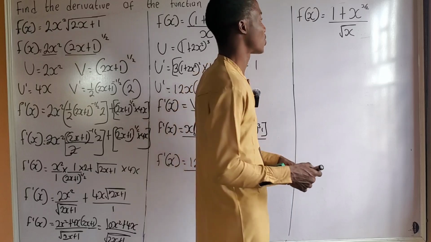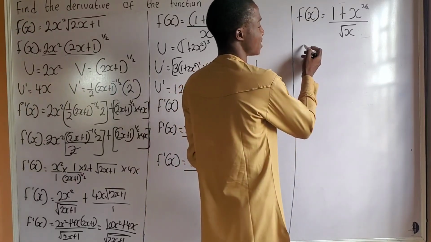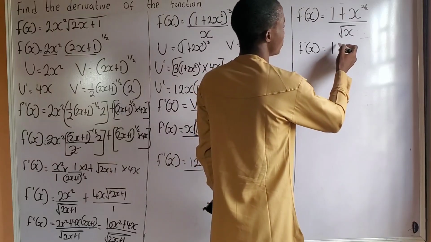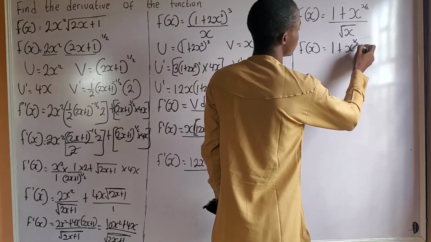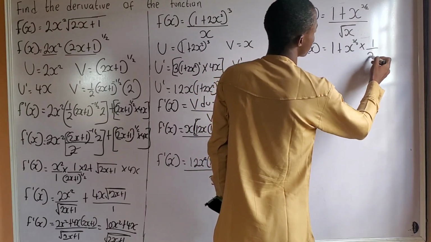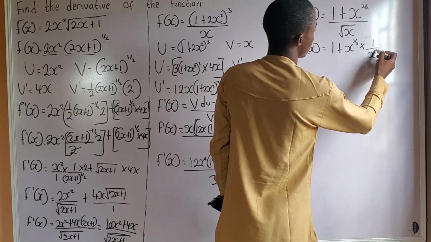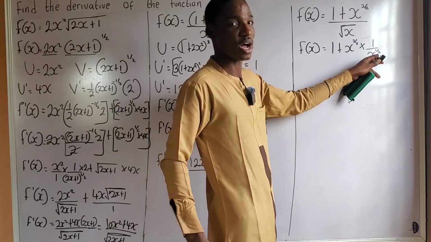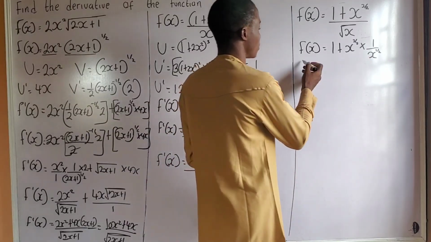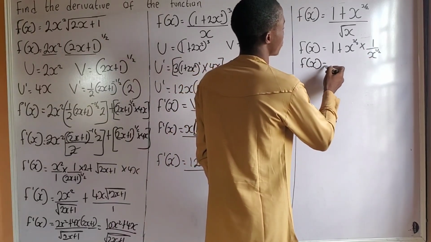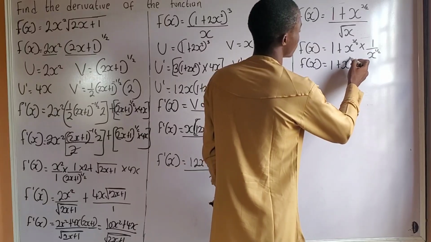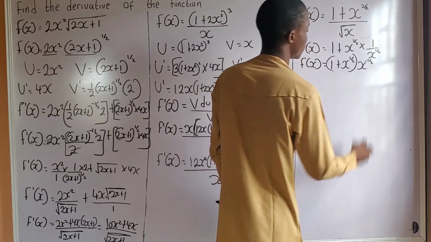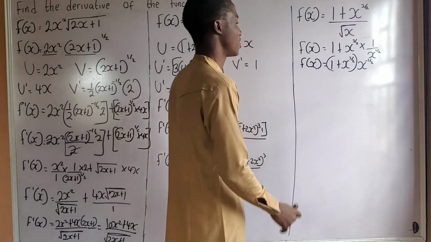I'm going to use the simplification method. f of x can be written as 1 plus x raised to the power of 3 over 2 multiplied by 1 over x raised to the power of 1 over 2, because the square root of x is x raised to the power of half. So f of x equals 1 plus x raised to the power of 3 over 2 multiplied by x raised to the power of negative 1 over 2. Now open the bracket.